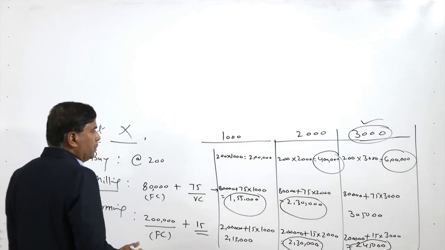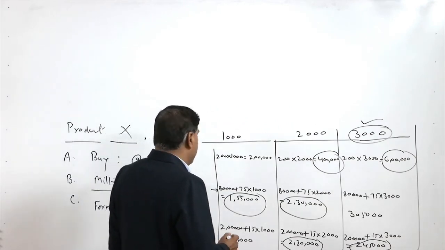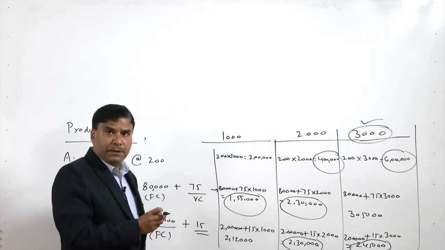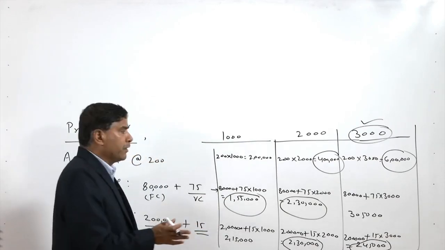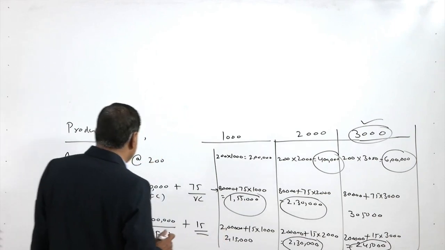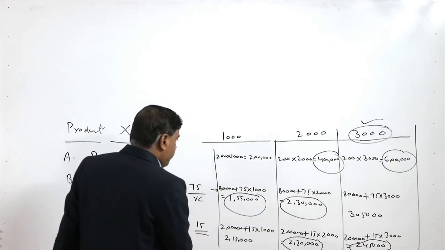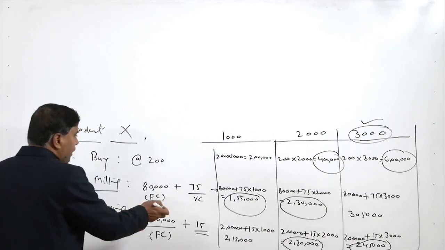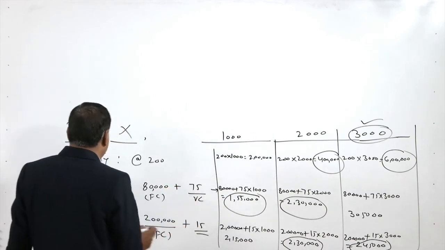So, we see that with the change in the number of units to be produced, the preferred option changes. For high volume production, meaning 3000 units, forming comes out better.